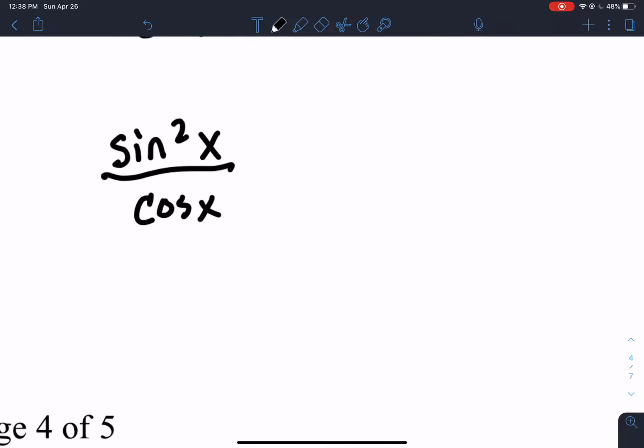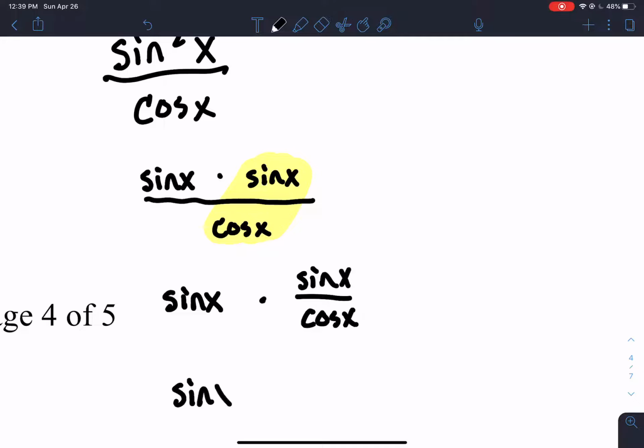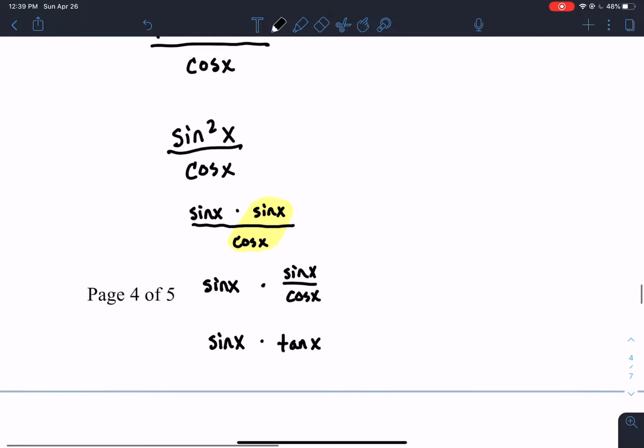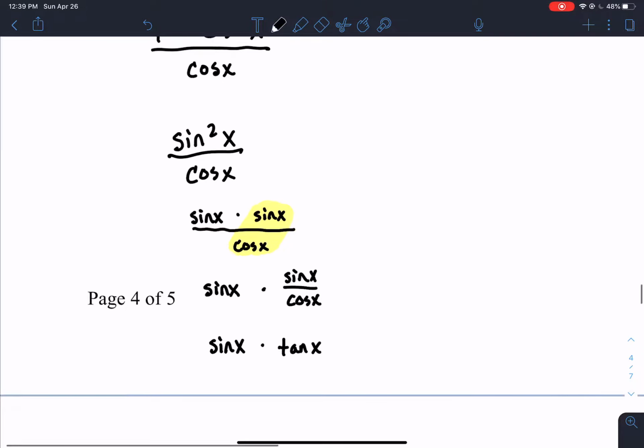Now, if I group these two together, and I just keep rewriting, I have sine of x, the first sine of x, times sine over cosine, which is just going to give you tangent, which is what you need, right? Okay.